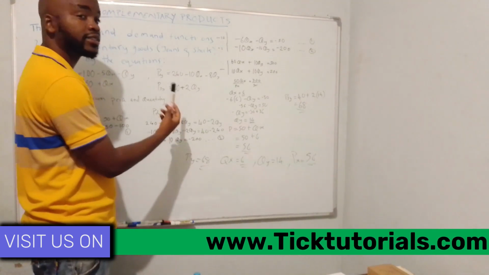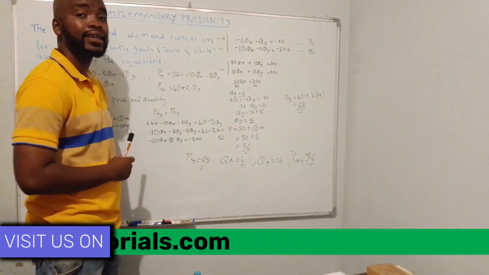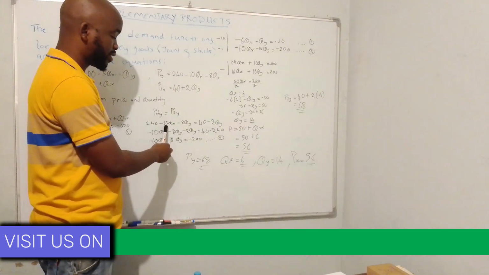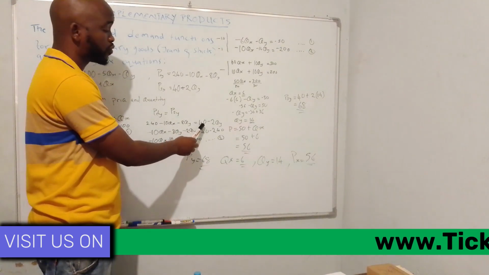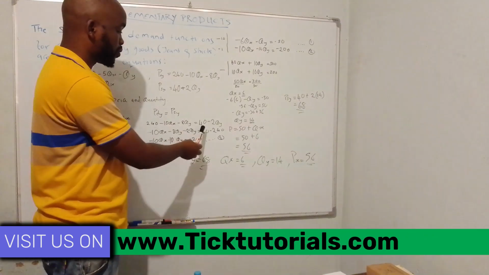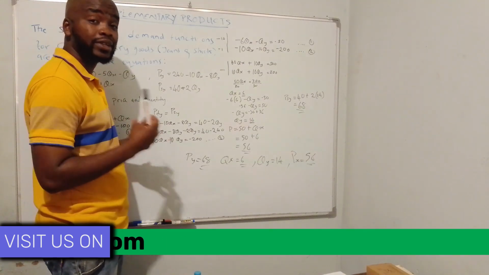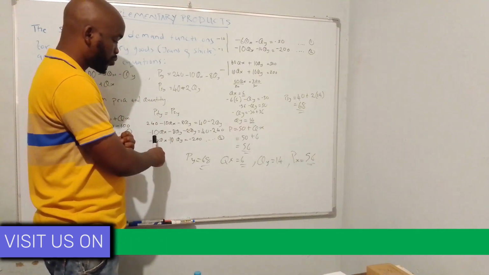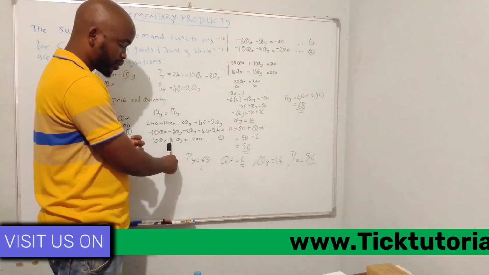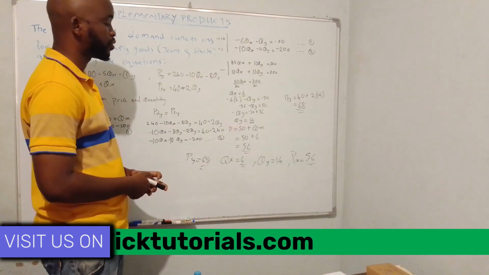So we're going to get the demand function for product y, which is 240 minus 10qx minus 8qy, and that will be equal to the supply function, which is 40 plus 2qy. After we solve the equations together, we're going to come up with equation 2: negative 10qx minus 10qy is equal to negative 200.